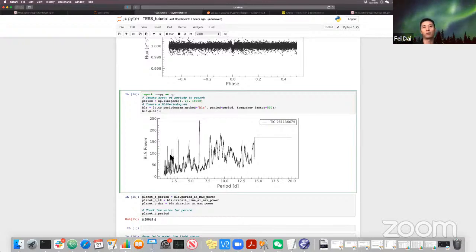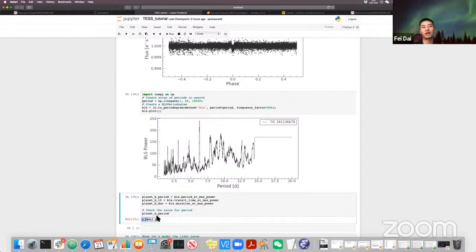So at each period, you can plot how strong the signal is after searching through a bunch of depths and durations. Clearly here, you can see that there are a bunch of peaks in this so-called periodogram. And the strongest peak actually corresponds to a period of 6.299 days.